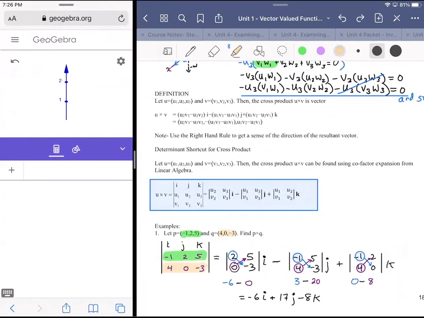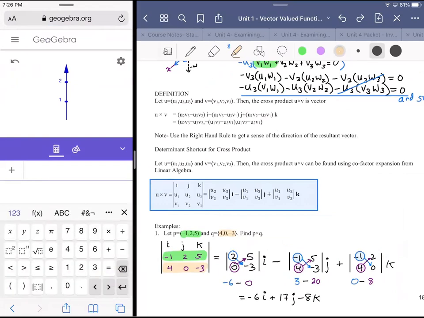But even if you just watch me doing the tech assignment, you still get a little bit of a better sense. So to put a vector in: -1, 2, 5, they call it A. We could change it to P if you need to, but I don't think it's a big deal. All right, 4, 0, -3.